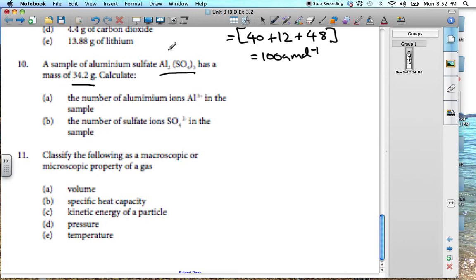Now basically we've got to work out the number of moles of this. To do that we need to work out the molar mass of aluminium sulfate, Al2(SO4)3. Now I've actually forgotten what the atomic mass number for aluminium is.